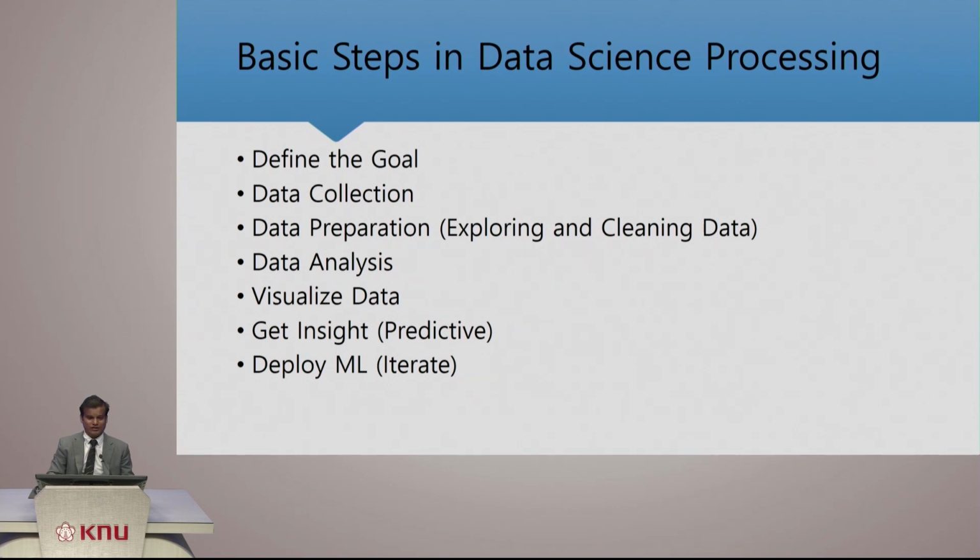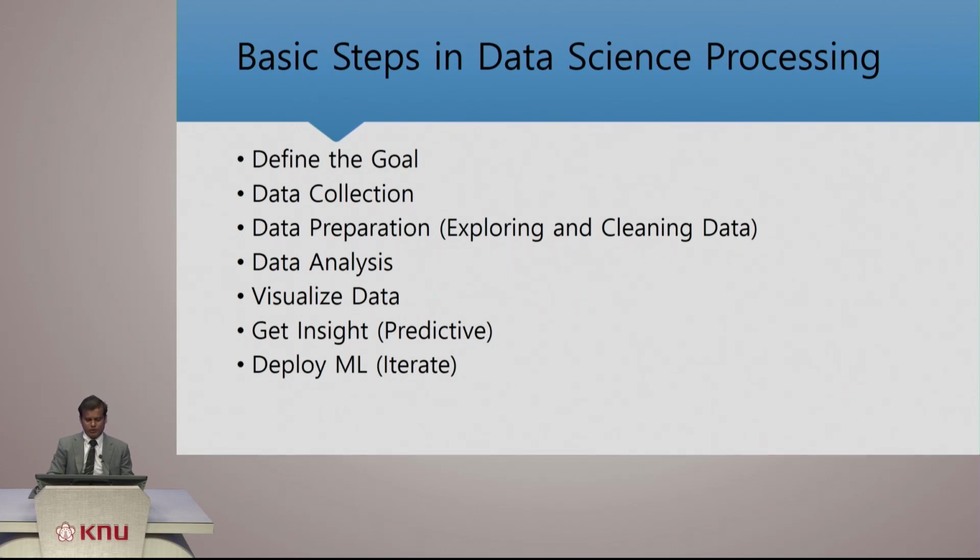Data preparation, like exploring and cleaning data, data analysis, various methods we can employ for that, visualizing data, getting insight or predictive insight we can think about, and deployment of the various methods. Machine learning iteration can be done during this step.